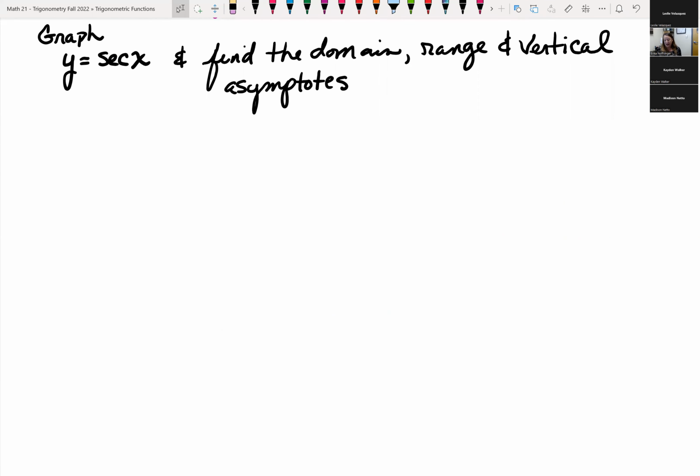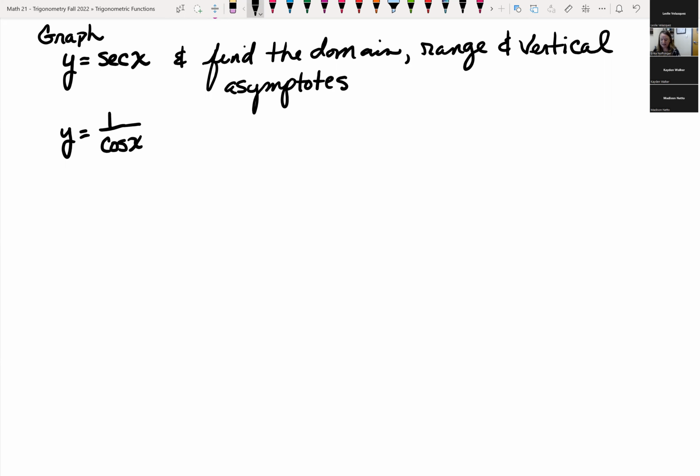So we're going to graph y equals secant of x. We're going to look at finding the domain, the range, and the vertical asymptotes. So first, let's rewrite this in terms of the reciprocal function. In this case, secant of x is 1 over cosine of x. So y is equal to 1 over cosine of x.